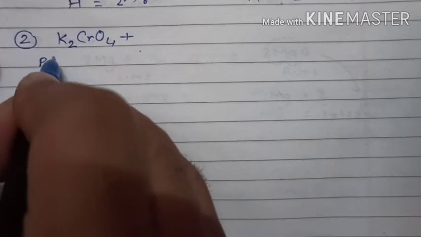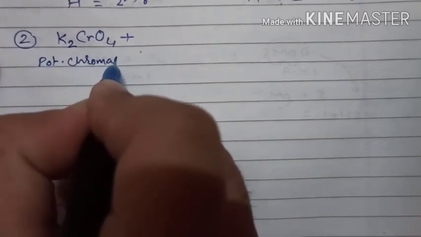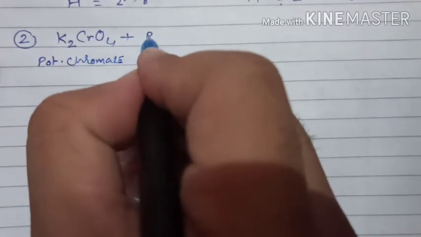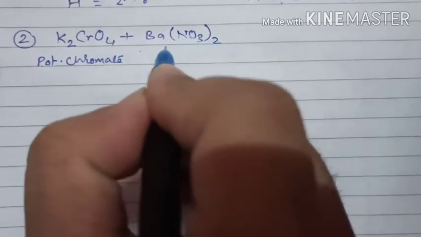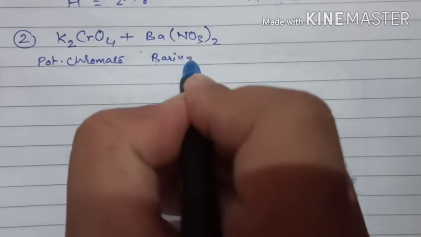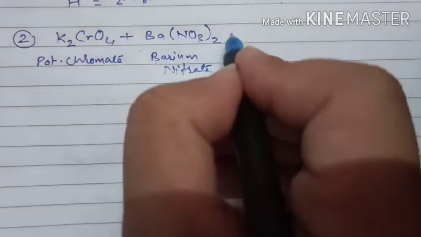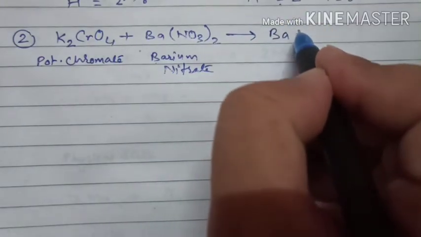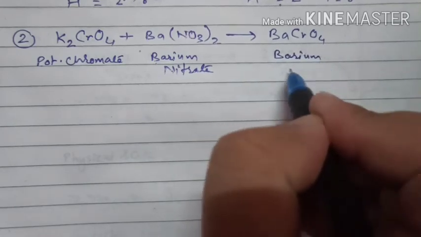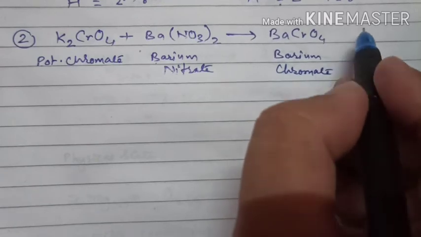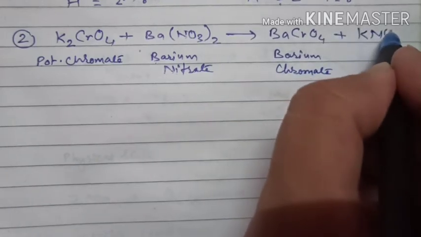First reaction is K2CrO4, potassium chromate, plus, I am writing it in short form, its reaction with barium nitrate, this is the formula for barium nitrate, gives rise to barium chromate plus KNO3.